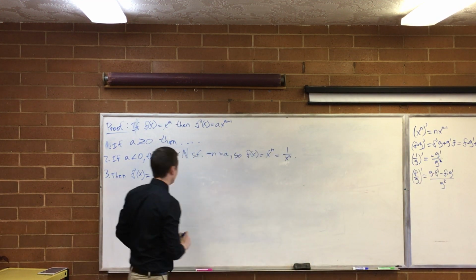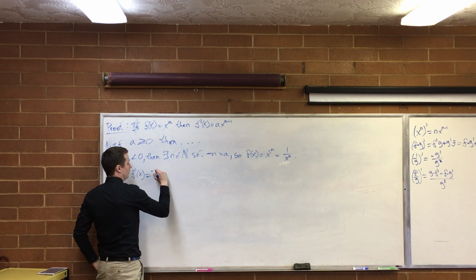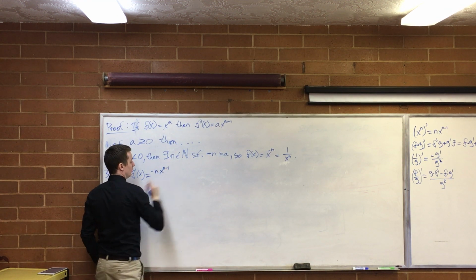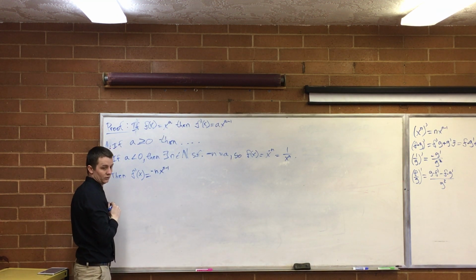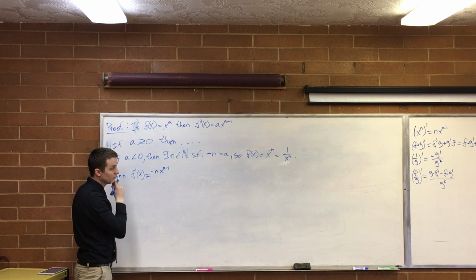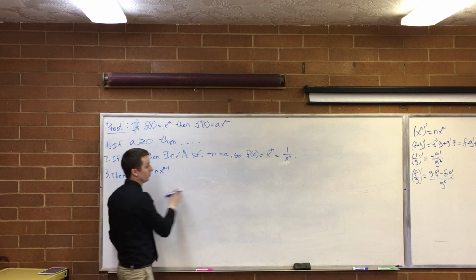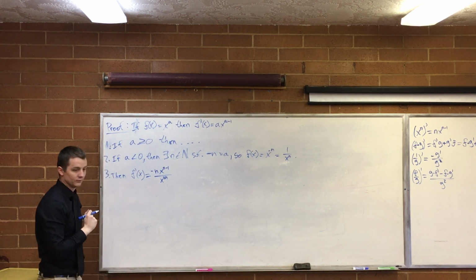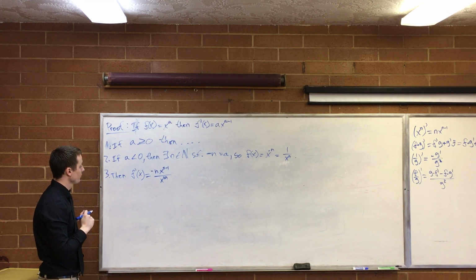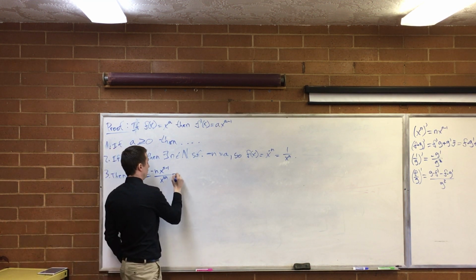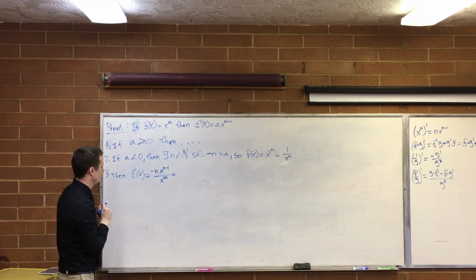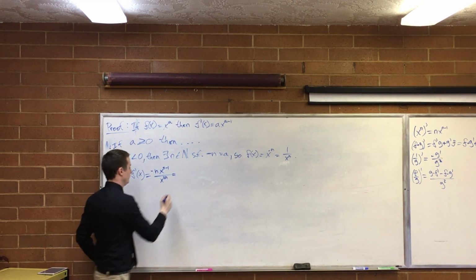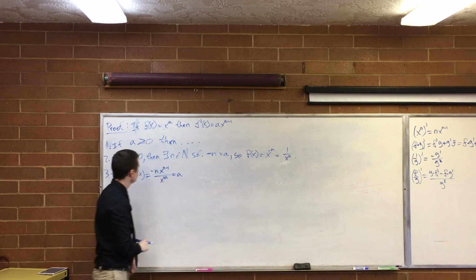So what's the derivative of x to the n? n times x to the n minus 1. That's the derivative of x to the n over x to the n squared. Good with that? Convert your n's back to a's. Negative n is the same thing as a.